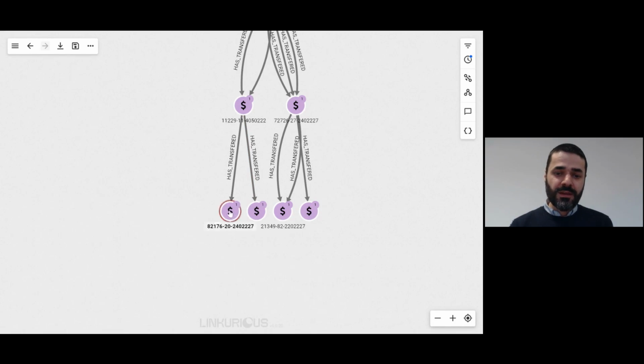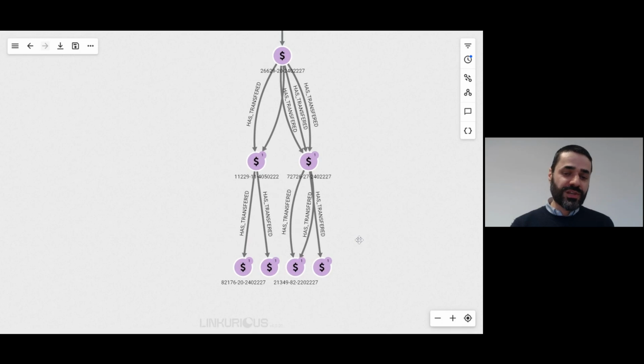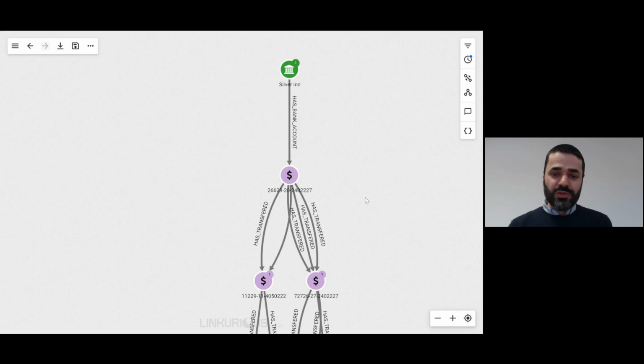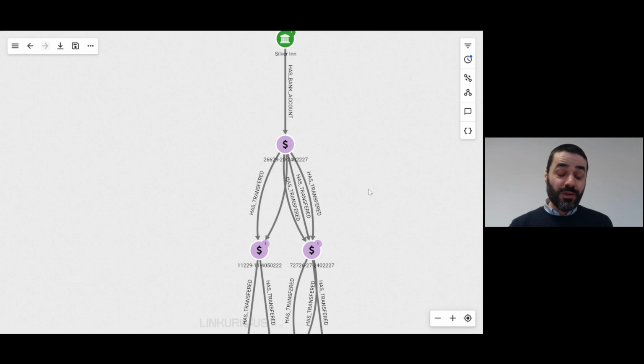And we have seen that these four bank accounts are actually interconnected across information such as phone numbers. So it's really suspicious. All of the companies that are in that network are actually connected to one another, and the money is flowing through this network of companies. It could be indicative of a money laundering scheme. So we have conducted that investigation with Linkurious Enterprise.